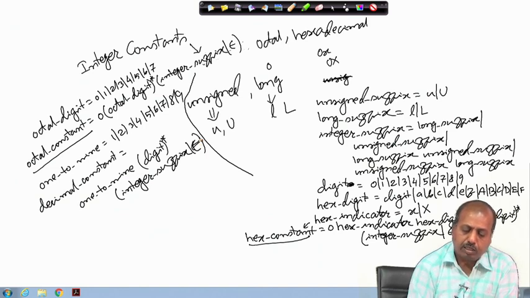So, decimal constant has been defined, also all the constants have been defined.